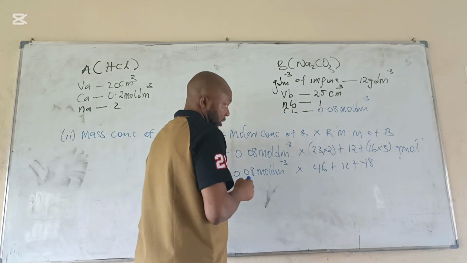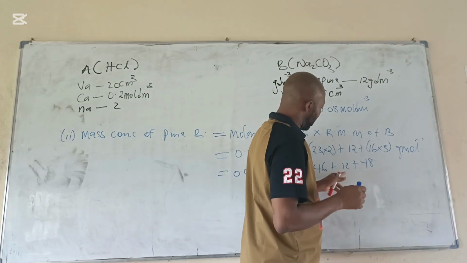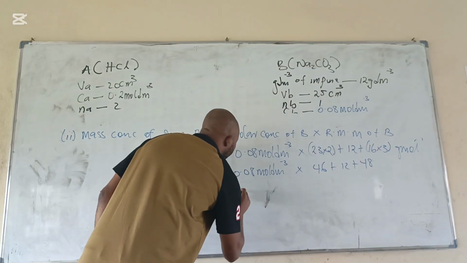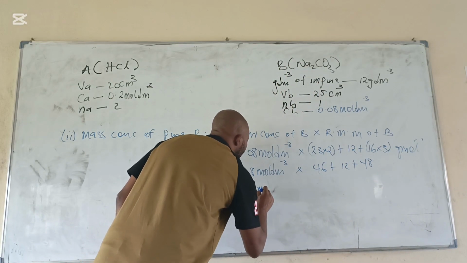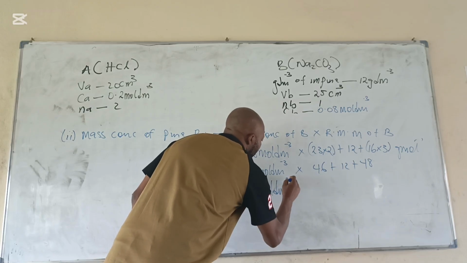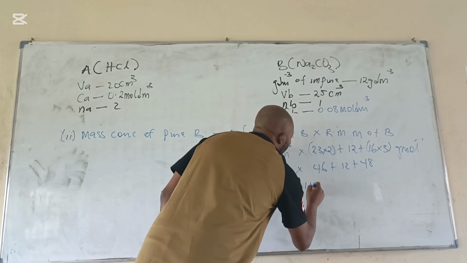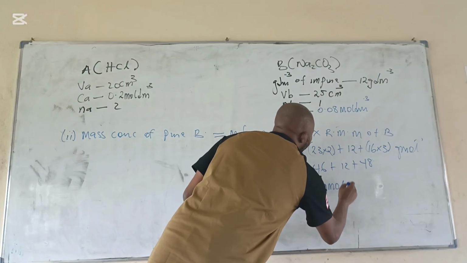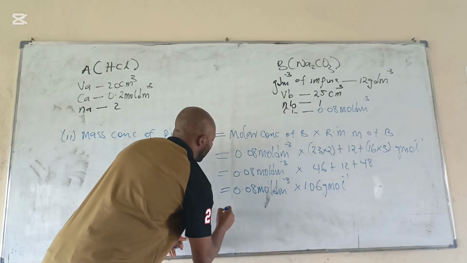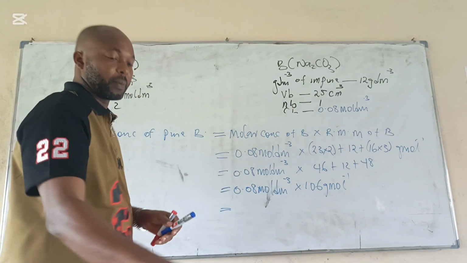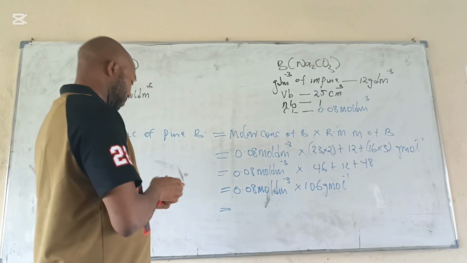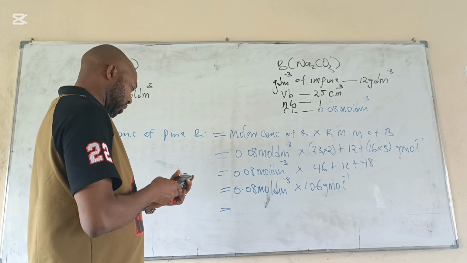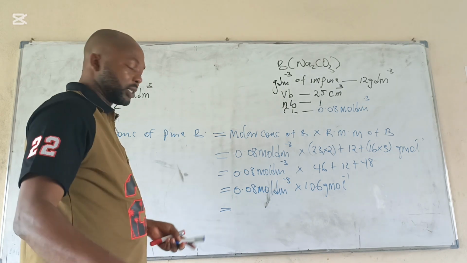40, 40, 80, 90, 106. So I have 0.08 mole per dm cube times 106 g/mol. This is equals to 0.08 times 106 is 8.48.